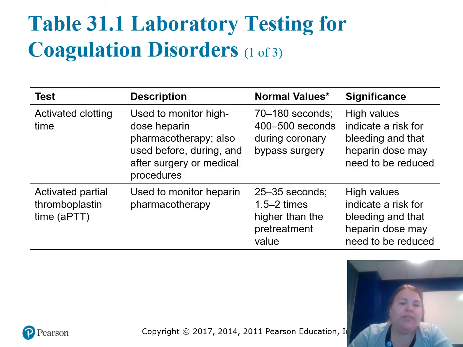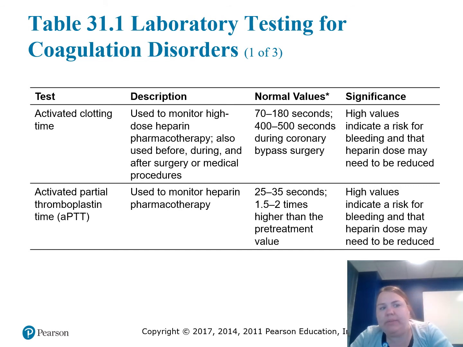Now for the activated clotting time, it's used to monitor high doses of heparin. It can be used before, during, or after surgery or any medical procedures. Any high values will indicate a risk for bleeding, and the heparin dose should be reduced. The normal values vary per patient because we have this big range, 70 to 180 seconds.